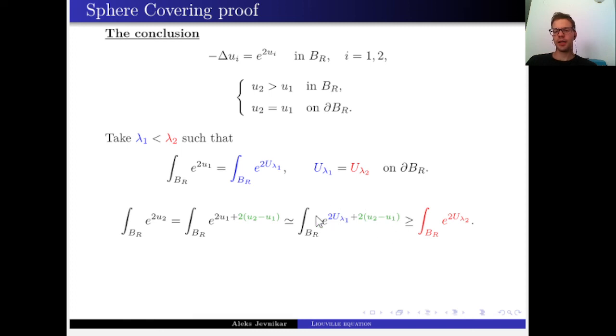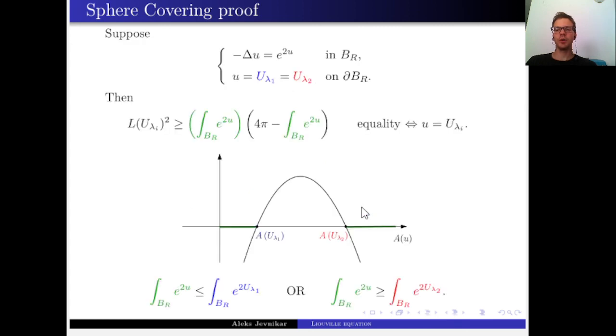This function agrees on the boundary, and moreover the error term is positive. So we have a function which agrees on the boundary with the spherical caps, and it is bigger than the smaller spherical cap.